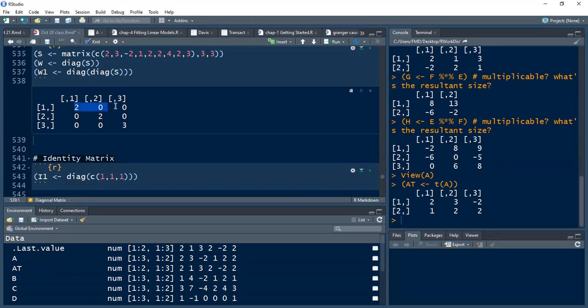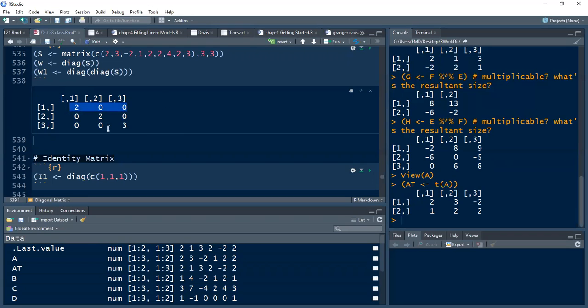It does not include row 2 nor row 3, but it includes column 1, column 2, column 3. So this line here is the whole of row 1. It includes row 1, and it did not put anything in the column, which indicates that it includes all the columns.